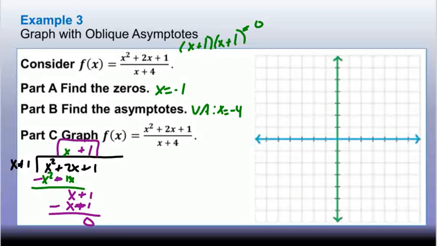So this x plus 1, actually this is a 4, so I've got to change that. This would be 4x. And subtract, that will give me a negative 2x. This would be a minus 2. And that will give us a minus 2x and a minus 8.